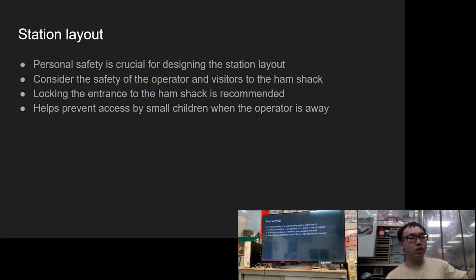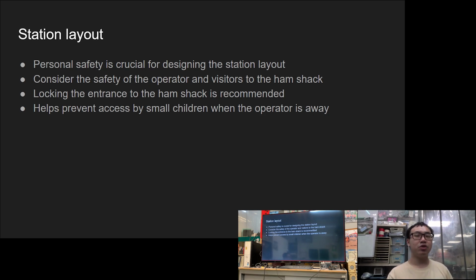The station must ensure personal safety. You don't want wires lying around so messy that when you need to escape in an emergency, you trap yourself, right? Safety is important, and sometimes you may have visitors around.